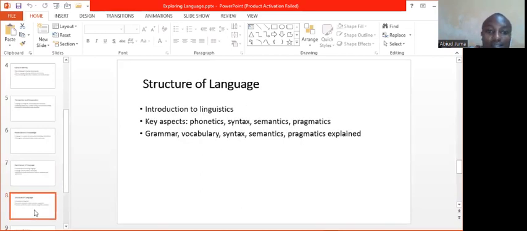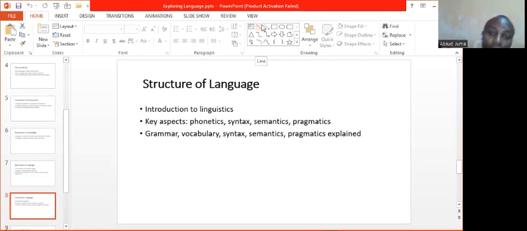Let's look at the third thing, and that's the structure of language. In the structure of language, we have the following. We have phonetics, we have syntax, we have semantics and pragmatics.